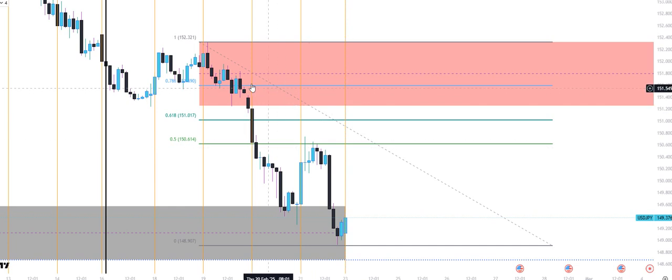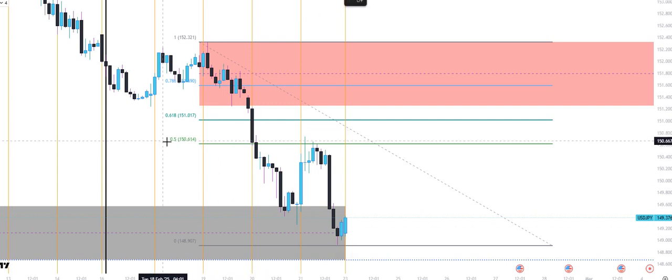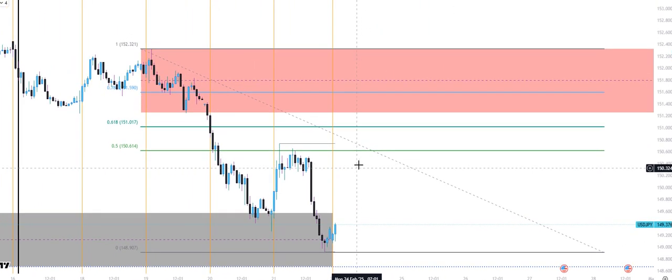Okay, now we have 61%, which is around this fair value gap, as you can see, and we've got 50%, which is around this point. So at 50%, we have pretty much this order block there. Let me go on the lower time frame to take a look at what we have properly. Okay.